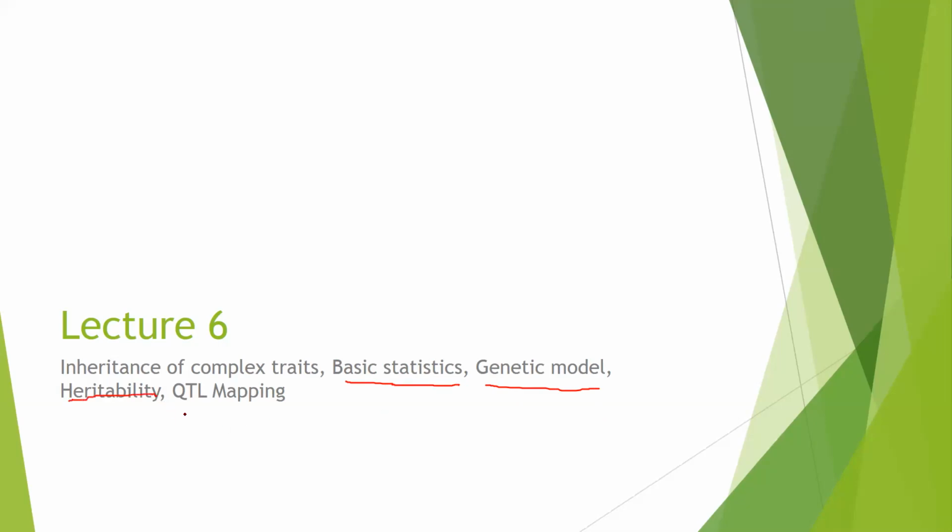And we're going to introduce quantitative trait loci mapping. So the complex traits, also called quantitative traits: how can we scan the entire genome of a population to identify the location where the genes responsible for the traits are situated? So these are the topics for today.